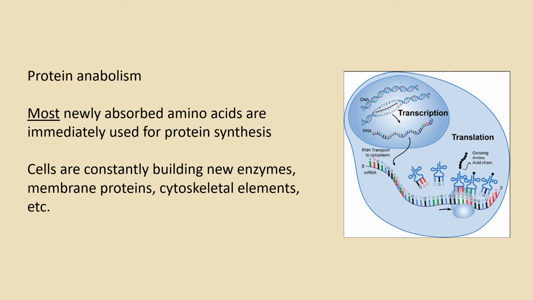So how do we put these amino acids to use? What do we do with them? One thing is build new proteins, and that's called protein anabolism. Protein anabolism is protein synthesis, right? Anabolism means starting with smaller molecular building blocks and using those building blocks to build larger molecules. So when we use amino acids to build proteins, that's protein anabolism. We talked about protein synthesis very early on in the semester.